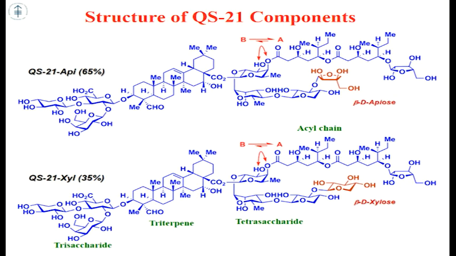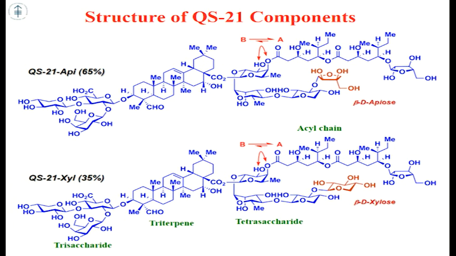So with QS21, a chemist always has a different opinion. They said, Dr. Raghu, QS21 is an isomer mixture, naturally present in a 65 and 35 ratio. They said, even if you make just the one molecule which is abundant, the 65% molecule, we don't need the other one; otherwise, we can do the combination.